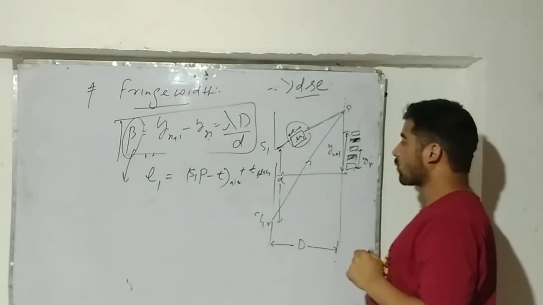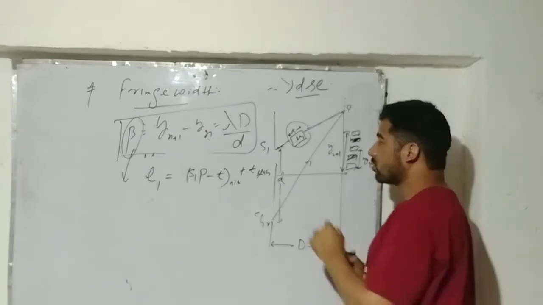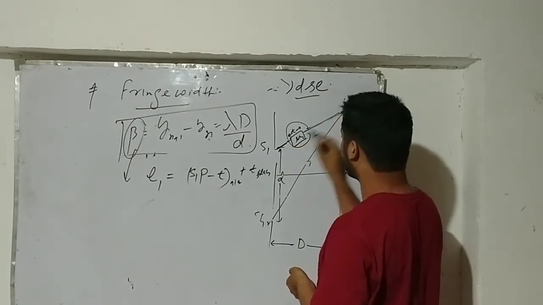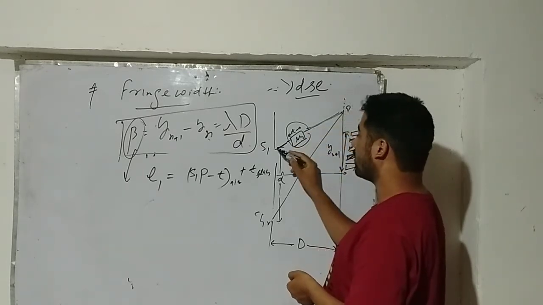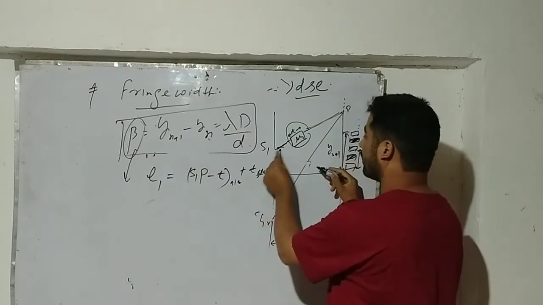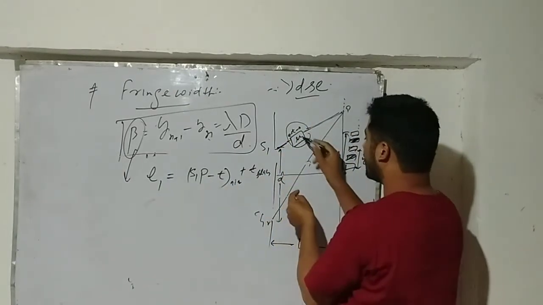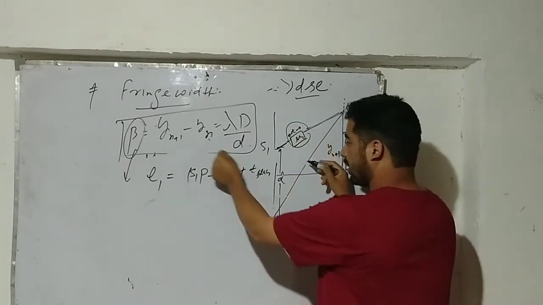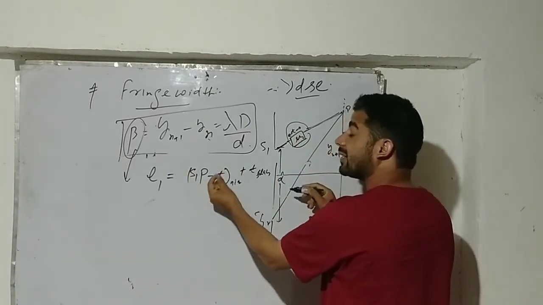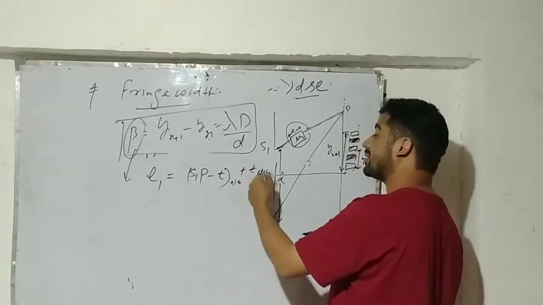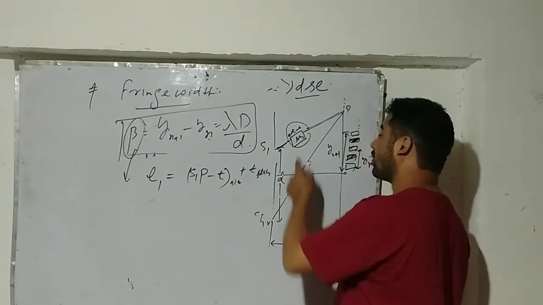So for that, I will look for the distance that this light ray needs to travel in the air. It will be simply S1P minus T, and this much of the distance involves air as the medium, plus this much of the distance involves another medium.